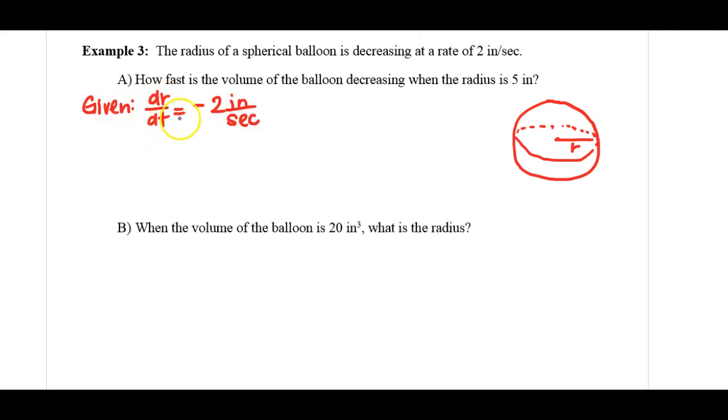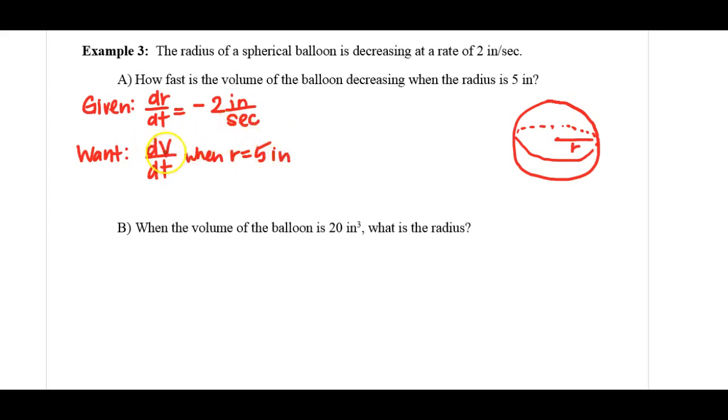So given dr/dt is negative 2 inches per second, we want to know how fast the volume, so I want the rate of change of the volume, we usually call volume V, so we want dV/dt when the radius is 5 inches. So dV/dt when r equals 5 inches.